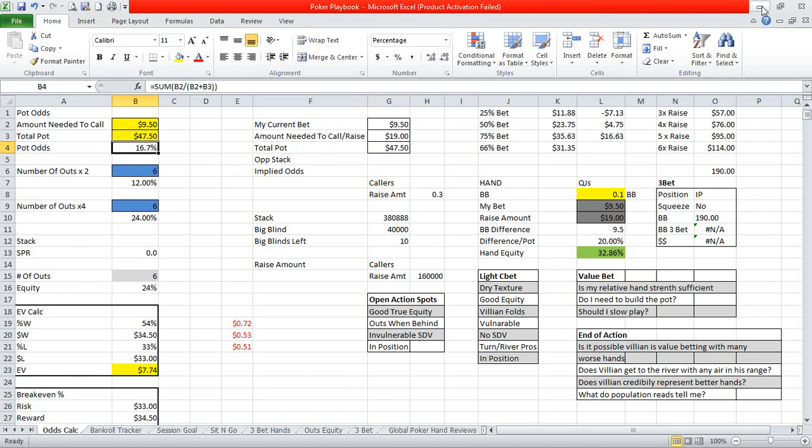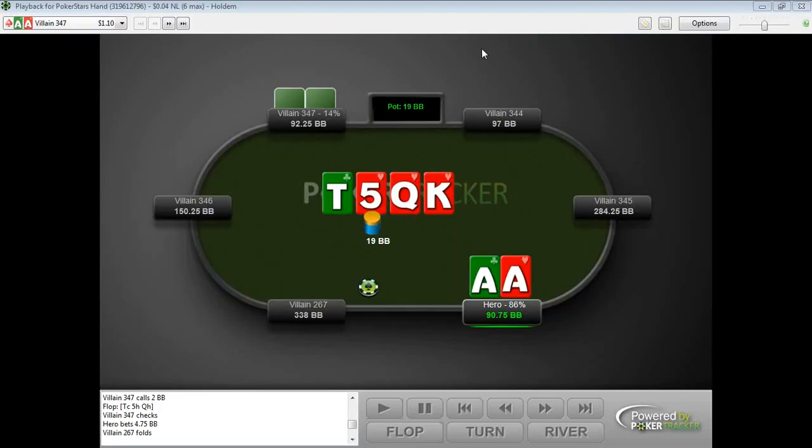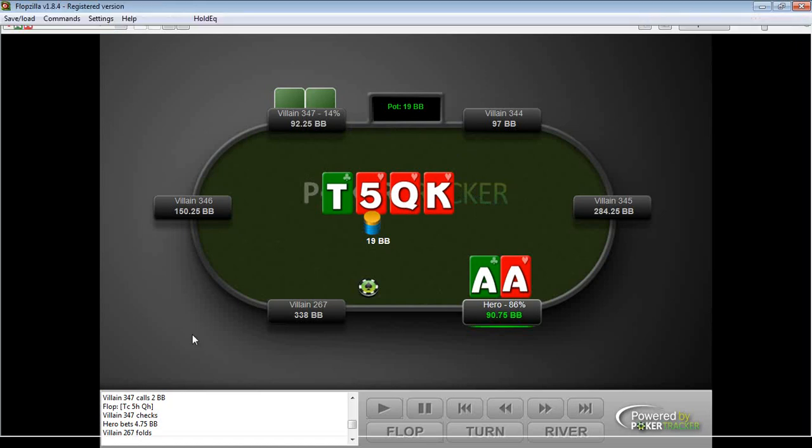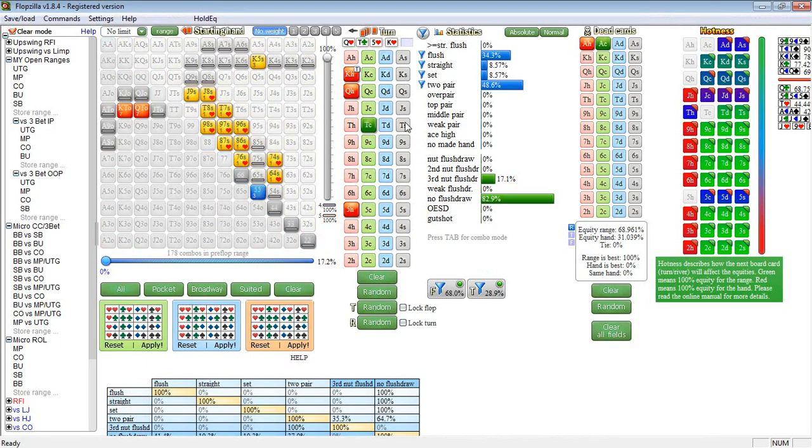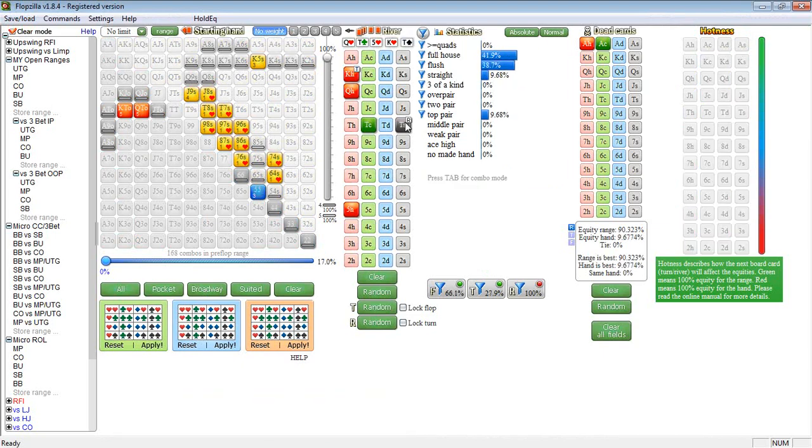But now the good news is I have a much better idea of what he has because he raised it. I know he's got 2 pair or better. And then when a heart doesn't come out on the river, 10 of spades comes out, we know we're done.